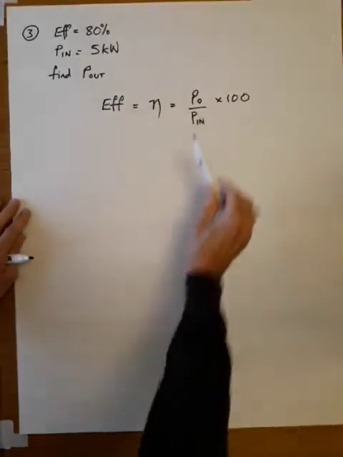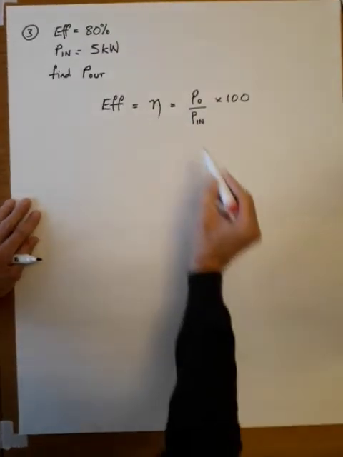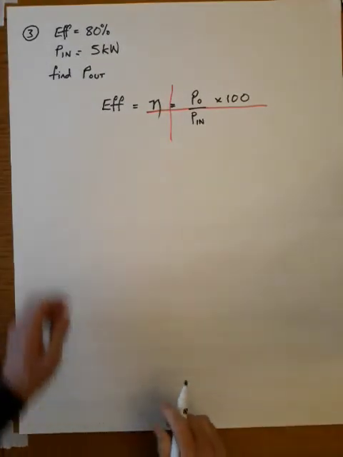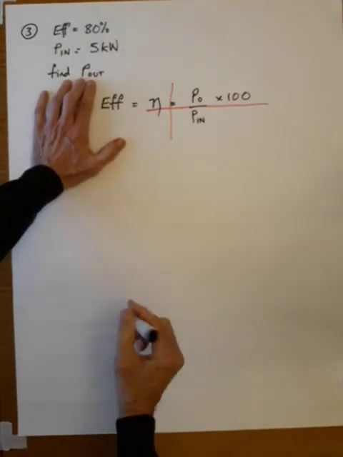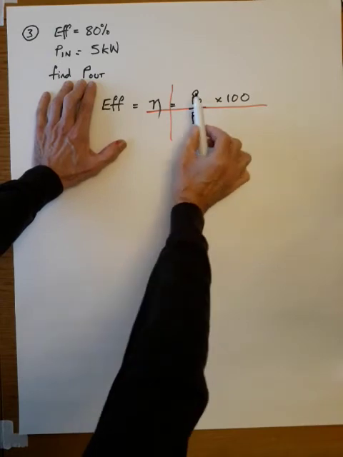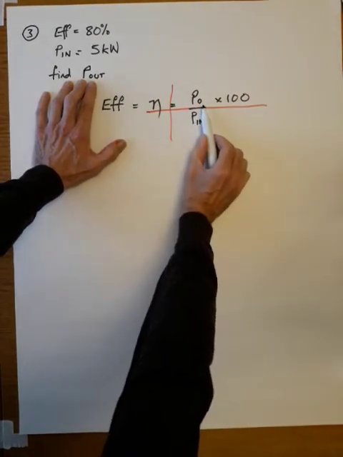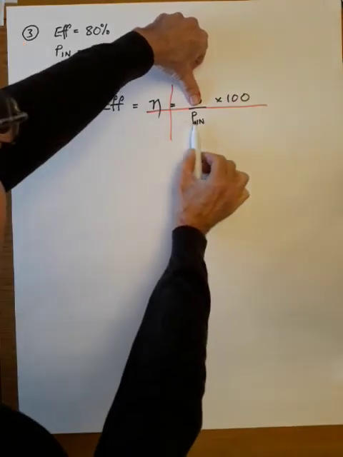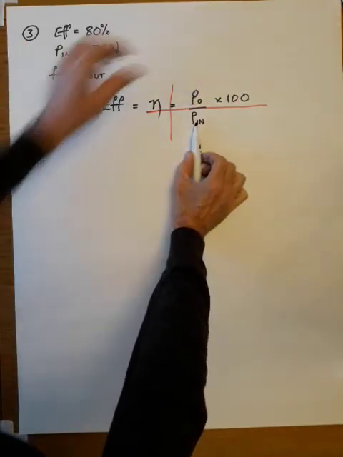So this is all division and multiplication, so we can use the crisscross method if you wish. The question asks us to find the output power. There is P out. The thing we want to find must be on the top line, so it's there. I've got to move the 100 and I've got to move the P in.